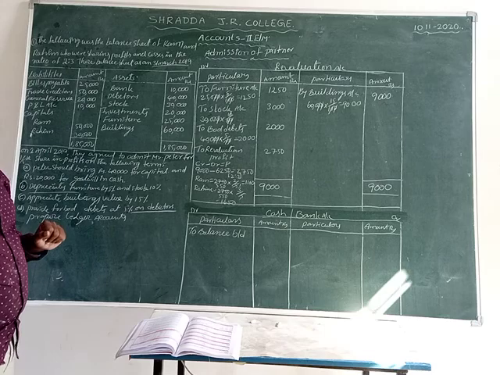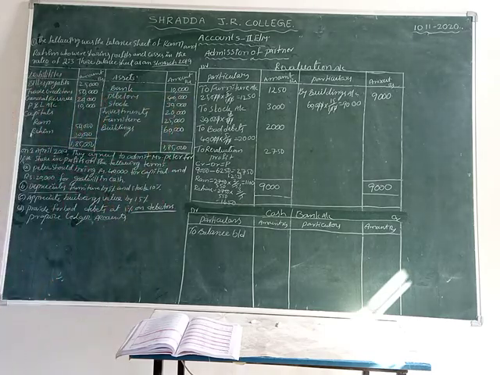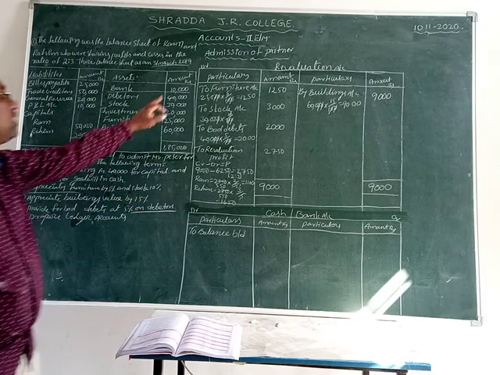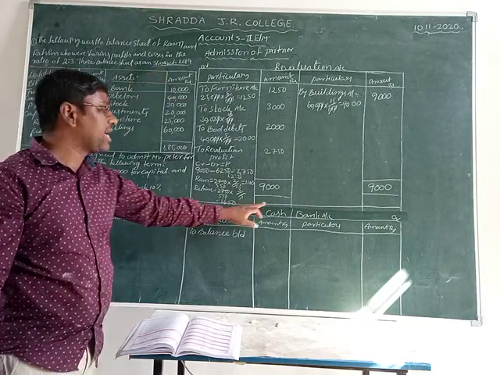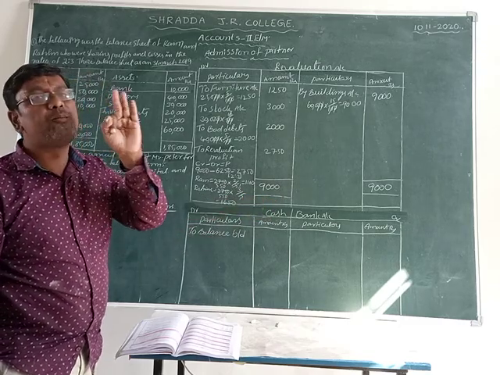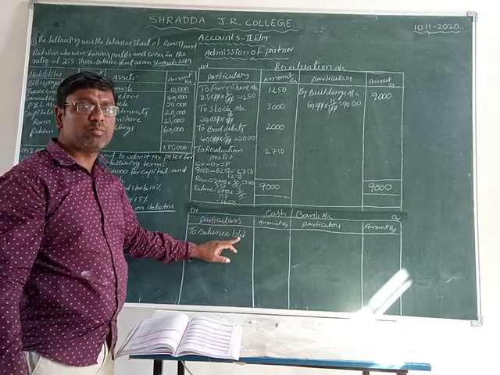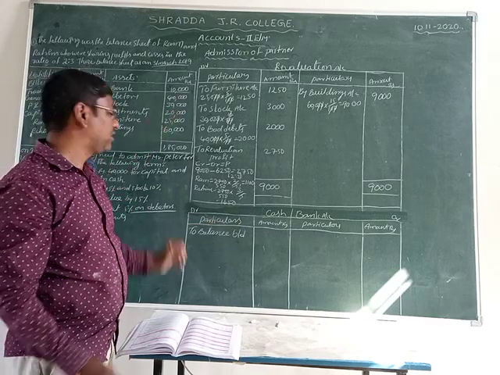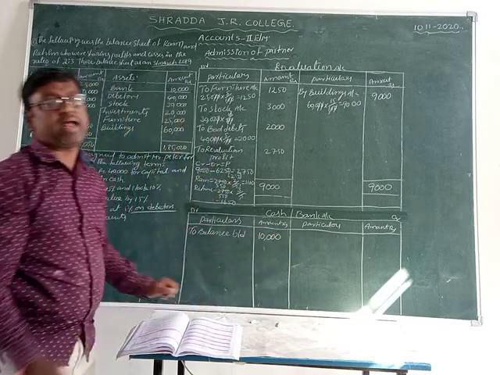The old balance sheet has given a bank amount of 10,000 rupees. This 10,000 rupees is the opening balance of the cash or bank account, because last year's closing balance is next year's opening balance.